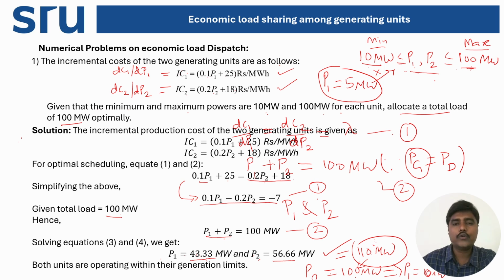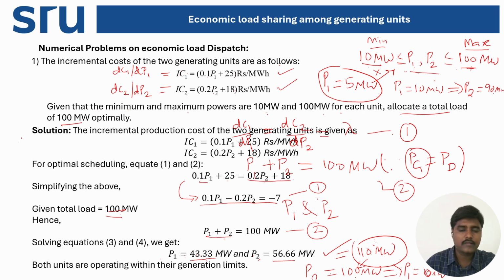Then you have to fix this P1 value as 10 megawatt. Then the remaining power P2 will become 90 megawatt. The 90 plus 10 can fulfill the entire load demand. So this is another case where, once you determine the values of P1 and P2, if those values are not falling within the range, you have to adjust those values. Of course, that adjustment is not economical operation.